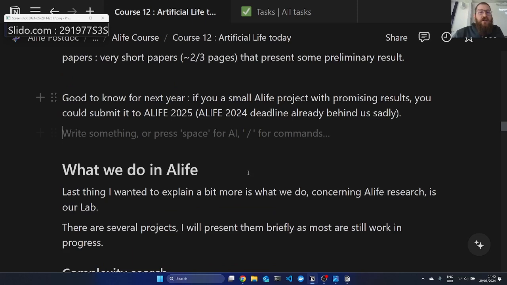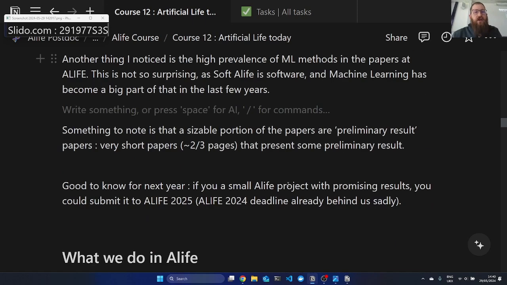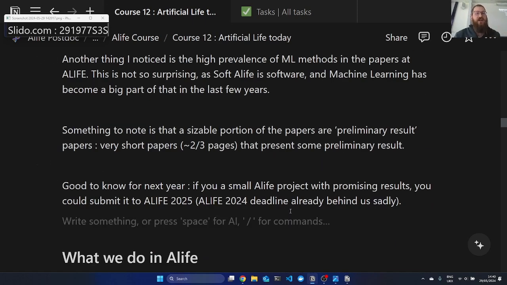The barrier of entry as of right now is not too high. I don't know what the percentage is, but a lot of the people in this ALIFE conference are actually doing it on the side. They have their job and then they have their small ALIFE project, and they participate in ALIFE each year developing their project. So the barrier of entry is not that high right now.